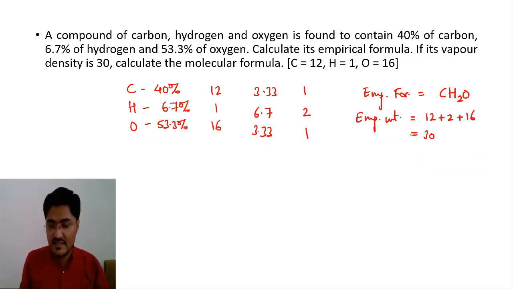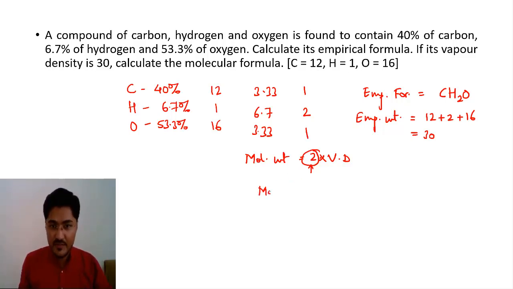Here we get 30 as the empirical weight. We know that molecular weight equals twice the vapor density, and the vapor density is 30, that is the empirical weight. So 2 is the integral multiple for the molecular weight, that is the whole number ratio.